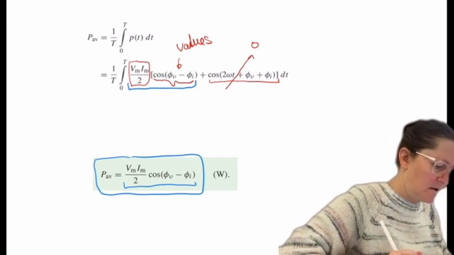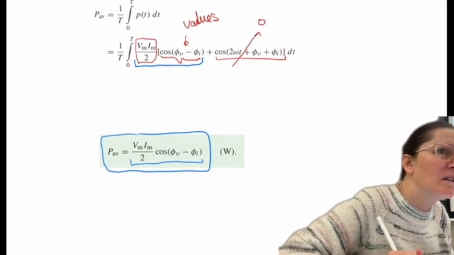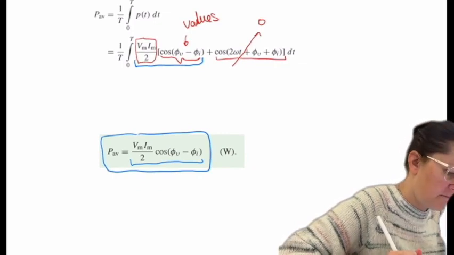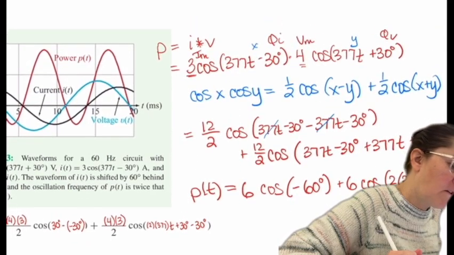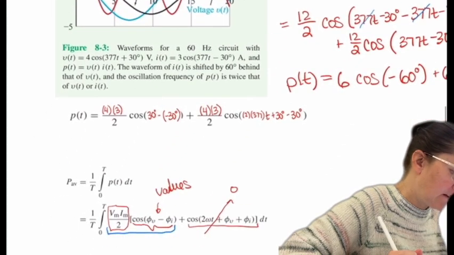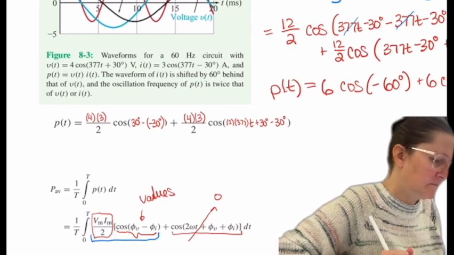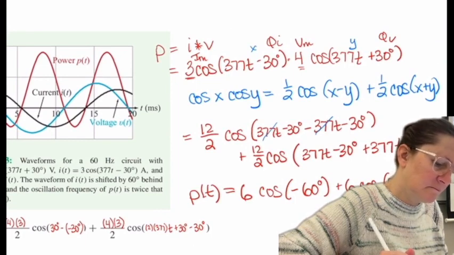Yes, I got distracted halfway along. But we're saying that it's cosine of theta V minus theta I. When we did it, I think we just did our x's backwards. So we got like a negative 60, whereas that one would have given us positive 60. No, it would be negative 60. So is it V minus I? 30 minus 30. So the first angle is a negative angle and the second one's a positive. So it's subtracting a positive from a negative, which just gives a larger negative.